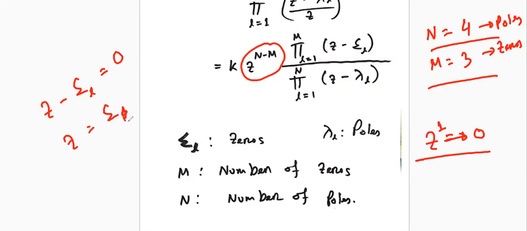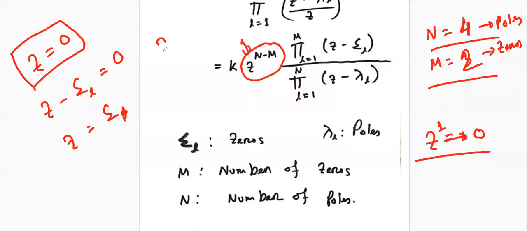What is the zero location? Similarly, if we have Z to the power 1, that means Z equals 0. That zero location is at 0. If we have N equals 4 and M equals 2, in that case we get this term as Z to the power 2, that means Z square equals 0.